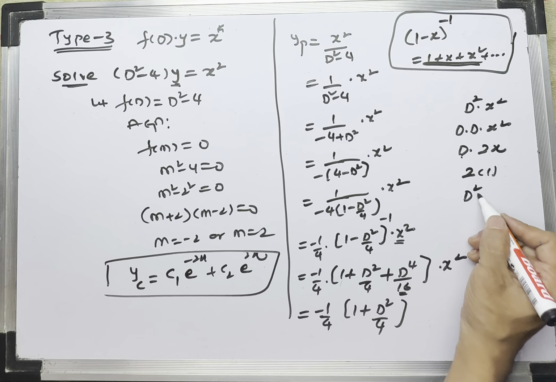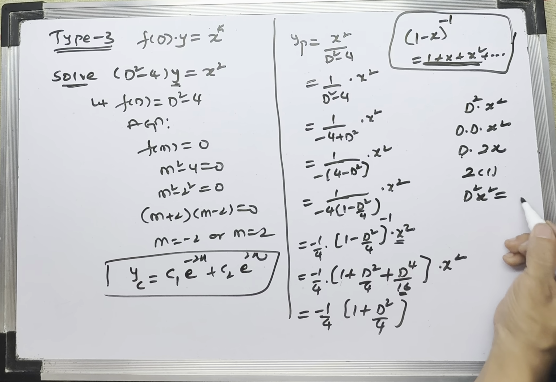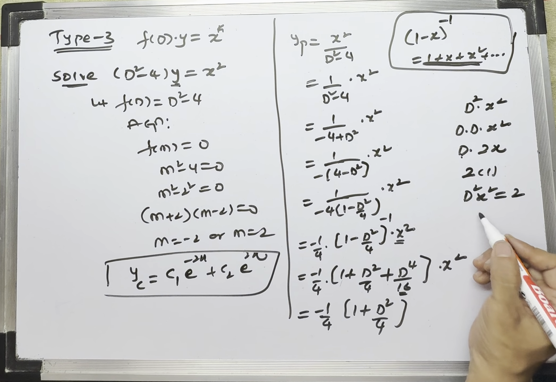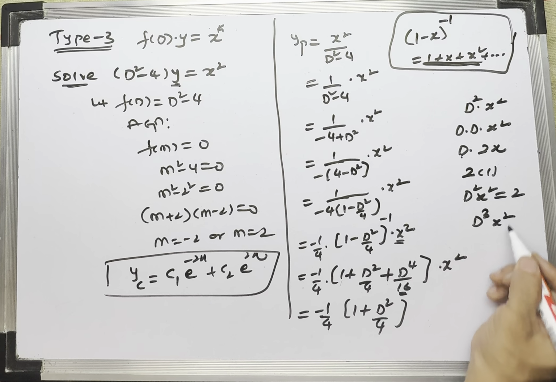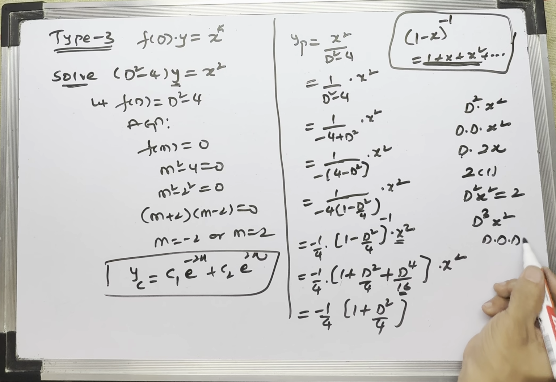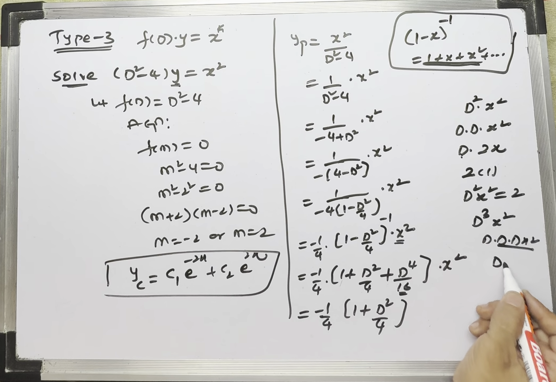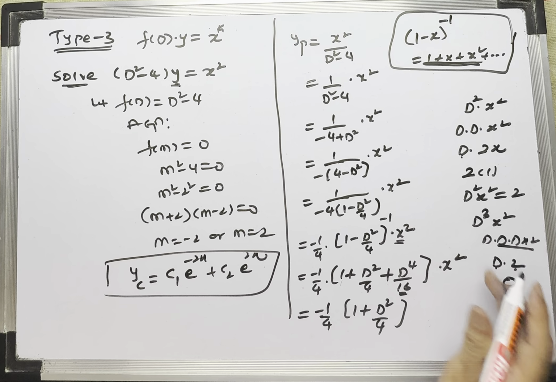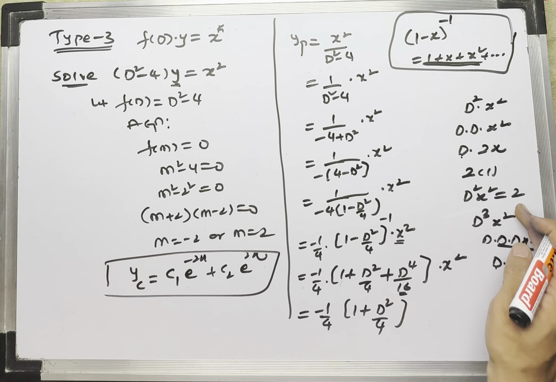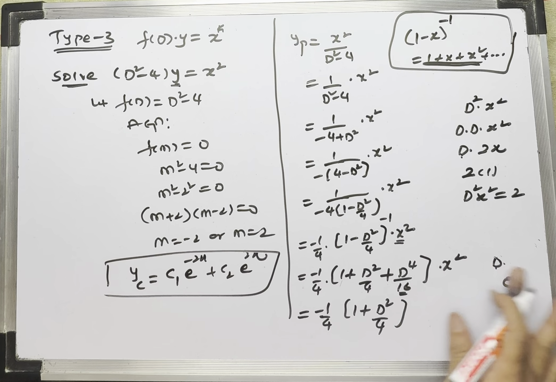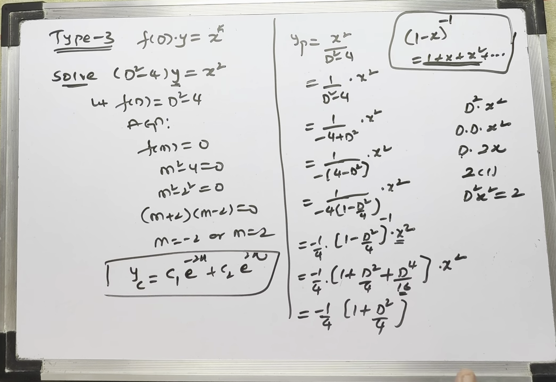So the derivative of x square 2 times equals 2. If I want to differentiate x square 3 times, what will I get? The derivative of x square 2 times is 2, then we will get 0. So if x square is there, we can differentiate 2 times and you will get a constant, 3 times you will get 0, 4 times you will get 0. That's the reason we will ignore this D power 4.